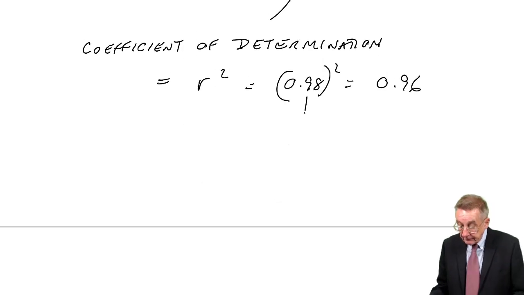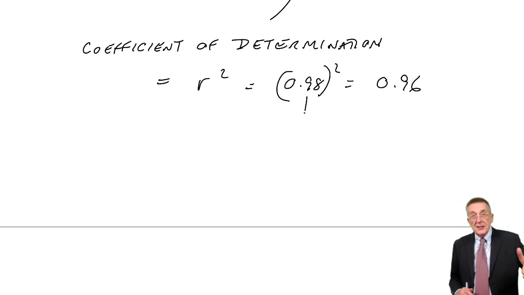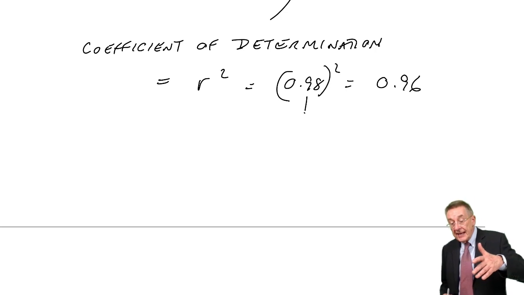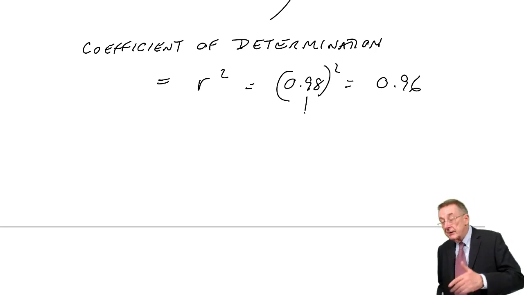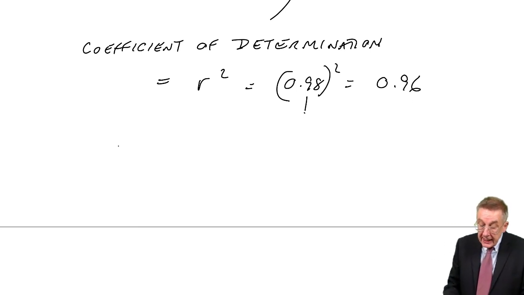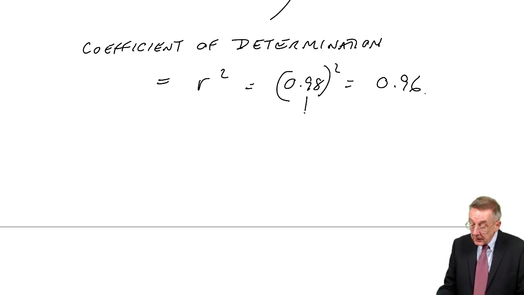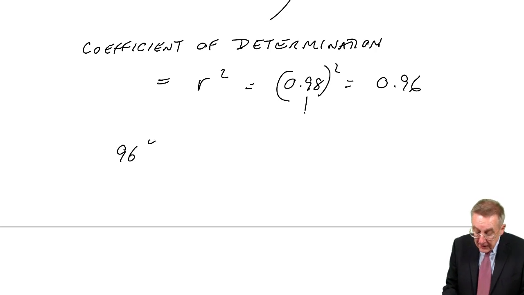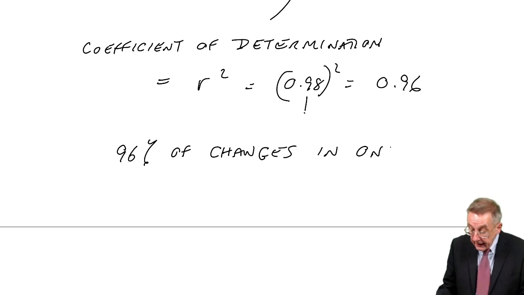Watch the words though. Coefficient of correlation is r. Coefficient of determination is r squared. And the relevance of it, it means that in our example, 96% of changes in one variable are explained by changes in the other.